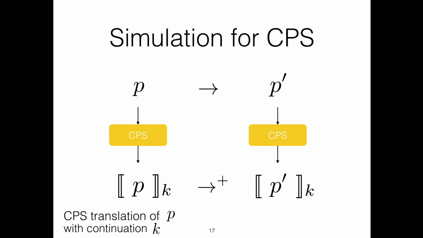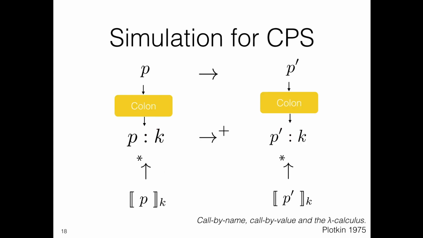Because of administrative reductions, many CPS transformations, including CertiCoq's, do not satisfy a simple forward simulation diagram. Here, double brackets P with subscript K denotes the CPS translation of P with continuation K. In order to overcome this, Plotkin, in his seminal 1975 paper, introduces the colon translation, which is itself a CPS transformation, and reduces statically some of the administrative redexes of the CPS transformation.